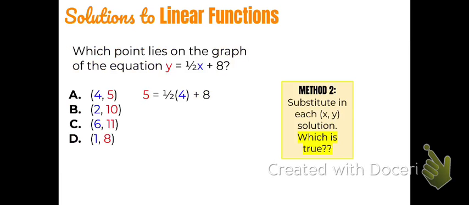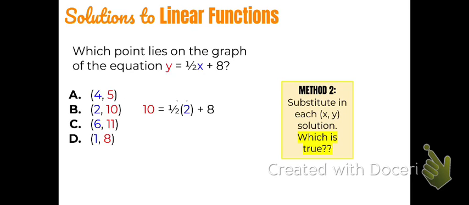The other method is substituting in the x and y and seeing which one is true. If you look at choice A and you put in 4 for x, multiply it by 1/2 and add 8, see if it's 5. See if it gives you that y. If not, move to the next one.